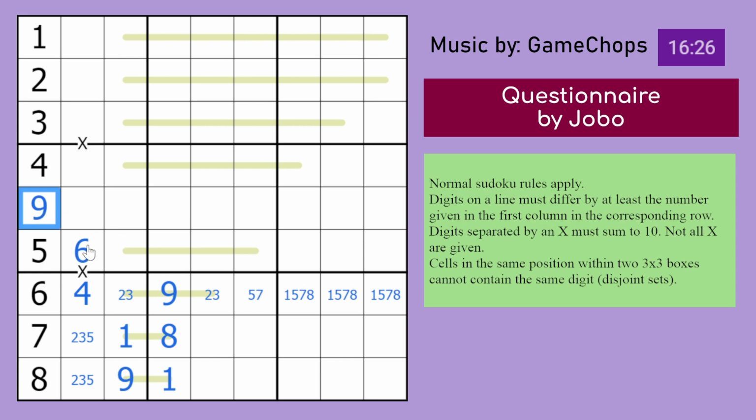Now what? We could probably play with some disjoint sets. Like this 4 not being able to be like here or something. Yeah, that probably isn't it.